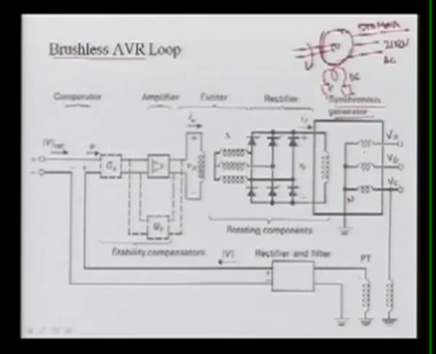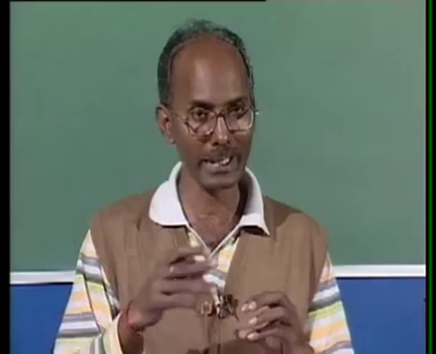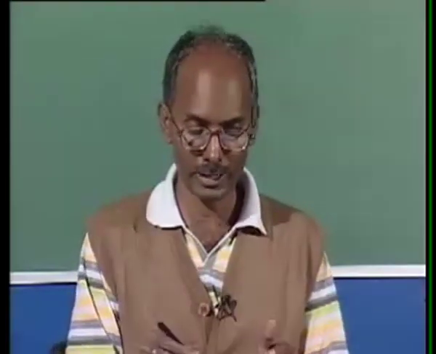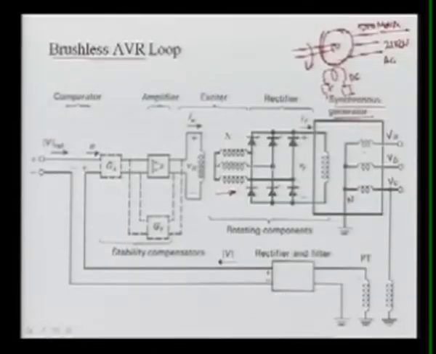So what we have done is that in this exciter the armature is rotating and its field is static. We are putting the armature winding on the rotor, and here we are generating three-phase, then the rectifier, and finally we are getting the DC current, that is the field current.